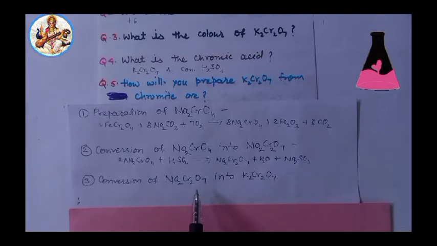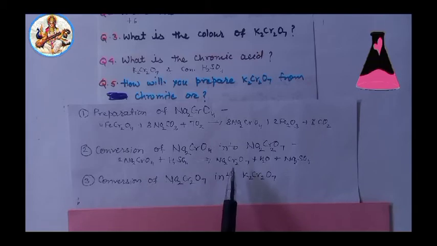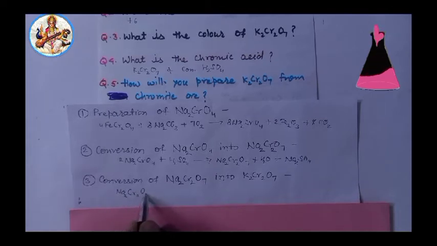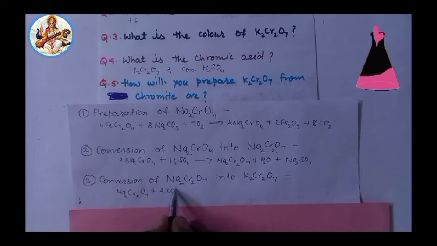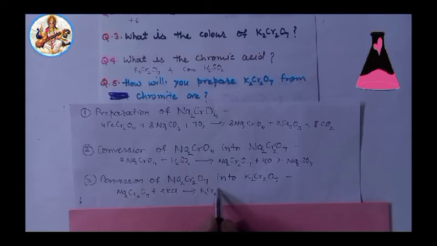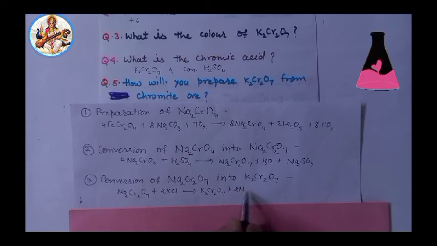dichromate into potassium dichromate. The solution containing sodium dichromate is treated with KCl. Then potassium dichromate is obtained, and the byproduct is sodium chloride.